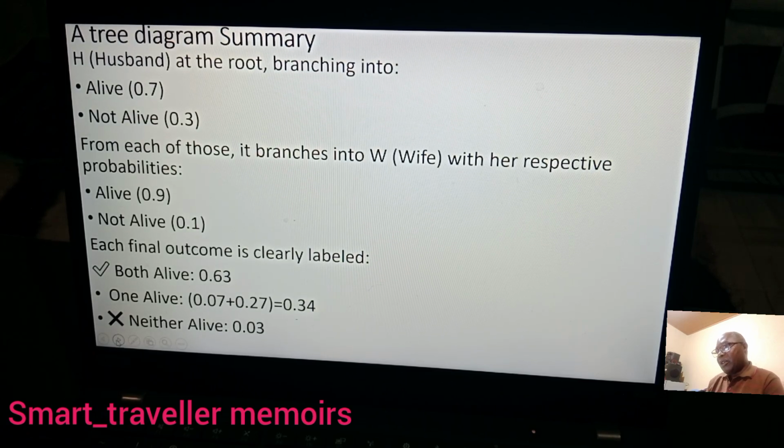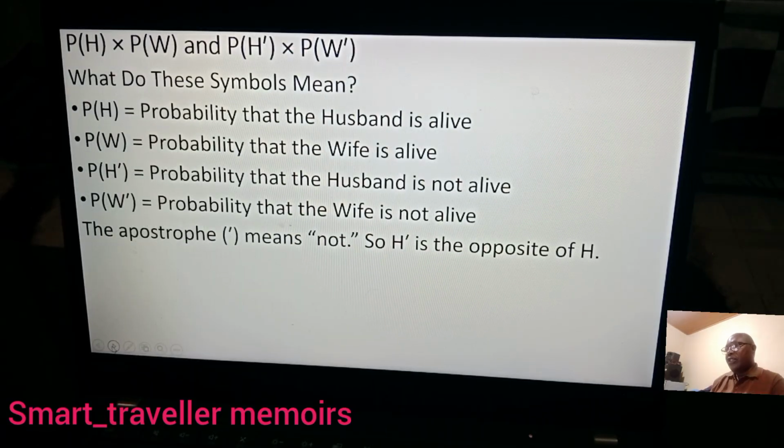Wife alive 0.9, not alive 0.1. Each final outcome is clearly labeled. Therefore, both alive 0.63, one alive 0.07 plus 0.27, which is 0.34, and neither alive 0.03.